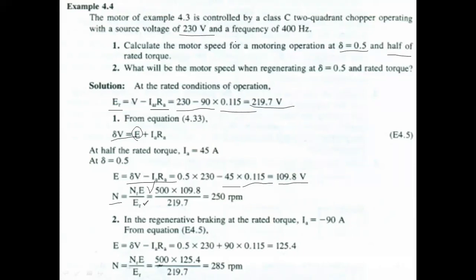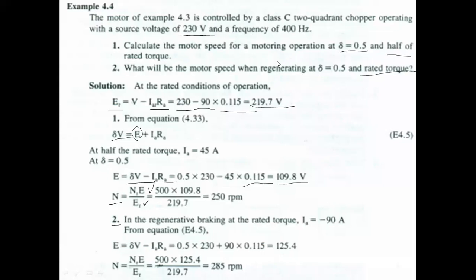Okay, next, the second bit. What will be the motor speed when regenerating at delta equal to 0.5 and rated torque? So here we have to calculate the speed when regenerating.